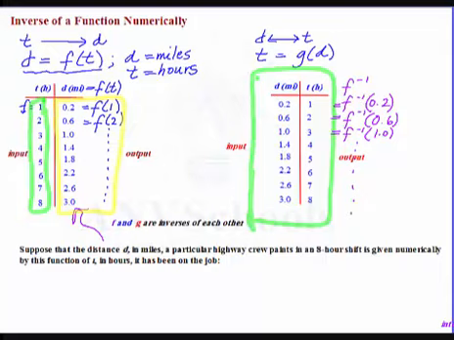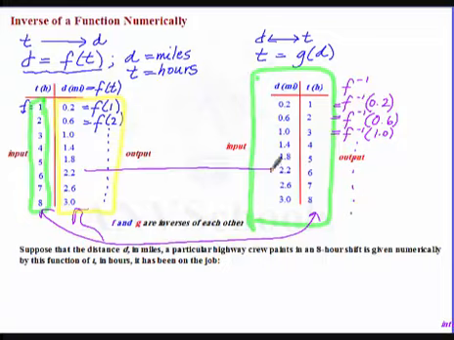Look how they are inverses: the input here is the output there, and the output here is the input there. The values have been interchanged, basically the inputs and outputs have been interchanged. So that's what an inverse of a function means numerically.